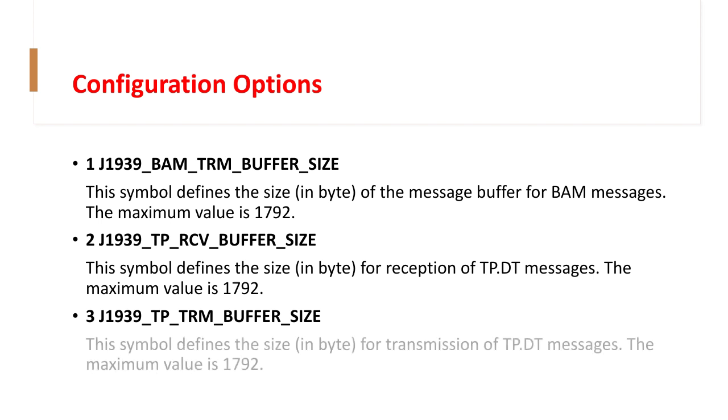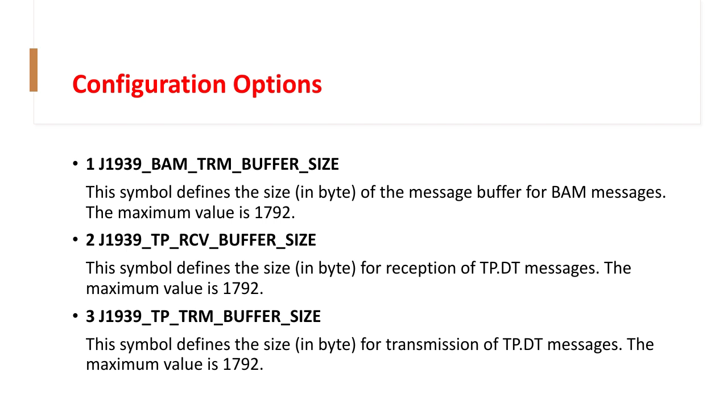So these three configuration options are available in the J1939 transport protocol, as we discussed earlier. Let's see what functions are available in the transport protocol functions list.